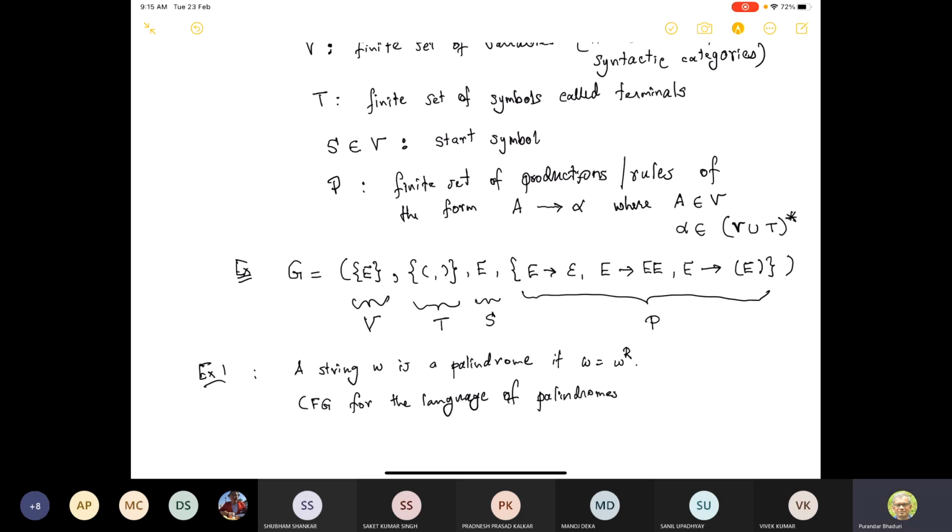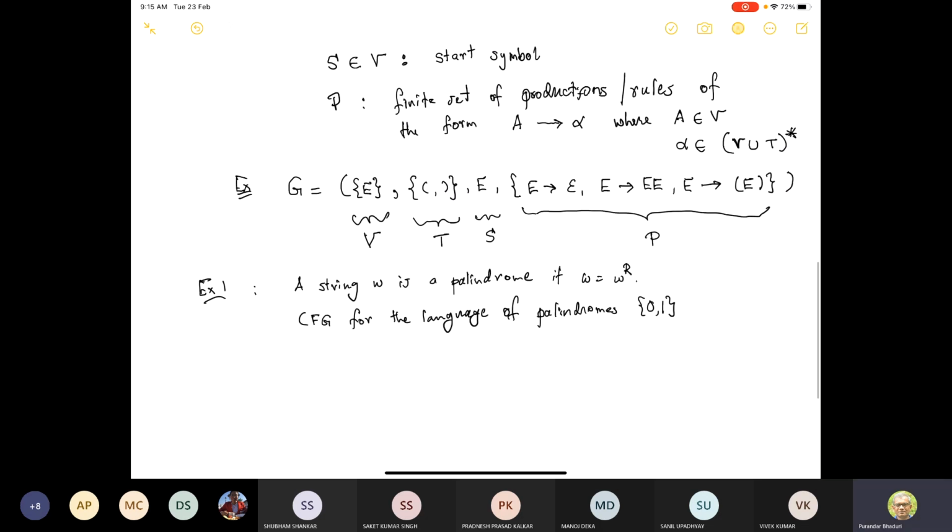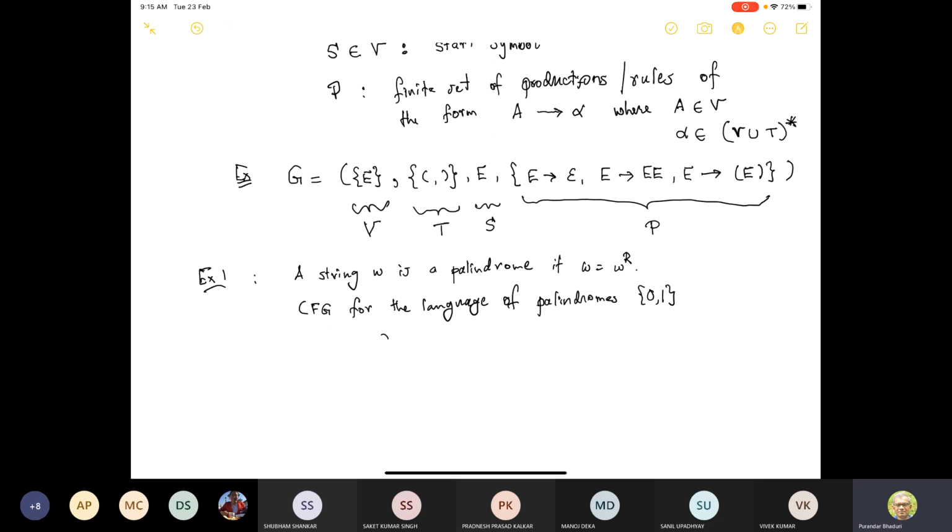And let us say we are interested only in the alphabet containing 0 and 1. So the grammar will have a set of variables, and in this case, we need just one variable, S, the start symbol.